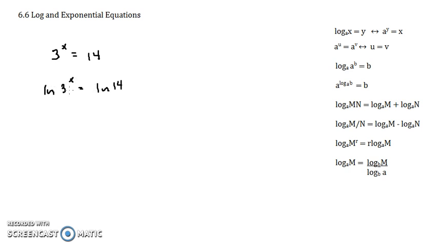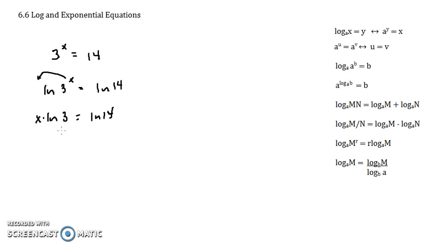We take a natural log on both sides, and we do that because now we know this property right here: if you have an exponent, you can bring that down as a coefficient. So we can bring this exponent down as a coefficient. We have x ln 3 is equal to ln 14. ln 3 is just a number, ln 14 is just a number.